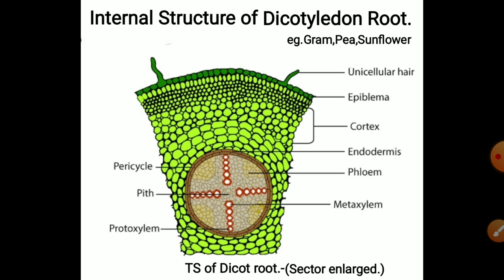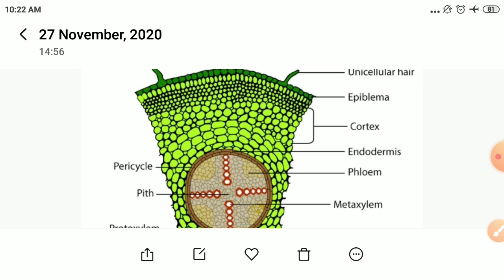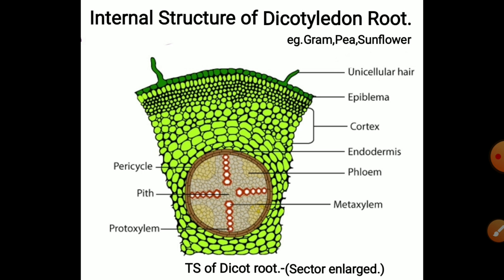So the xylem is said to be exarch. Smaller xylem elements, protoxylem points, are facing toward the periphery.